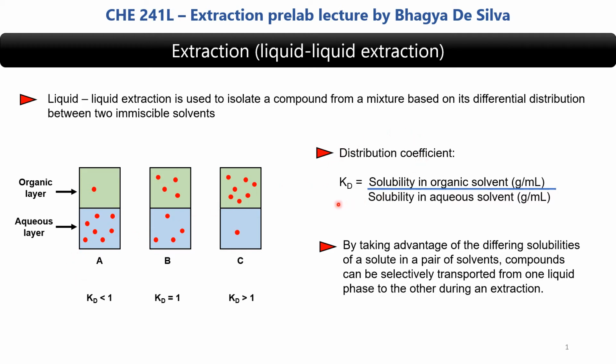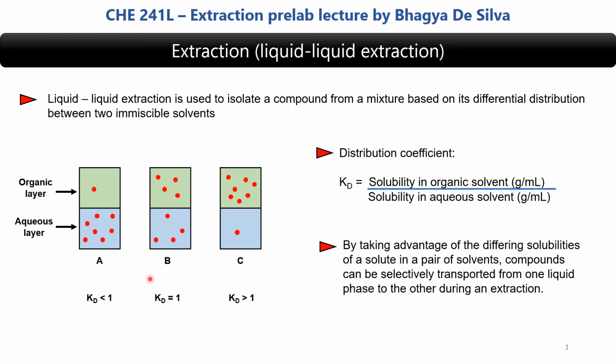If this distribution coefficient Kd is less than 1, that means the lower part of this equation has a larger number, which results in a Kd value less than 1. When we have a Kd value less than 1, it means that compound has a higher solubility in aqueous solutions.